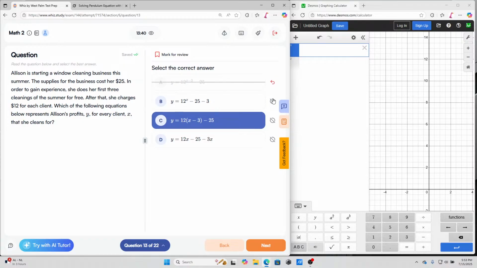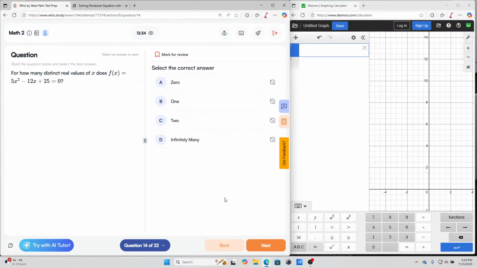And it's not gonna be exponentiated here. And it's not this one either. For how many distinct real values of x does f of x equal that?